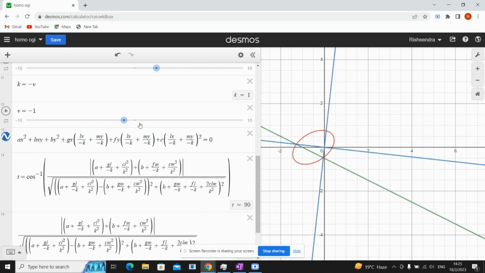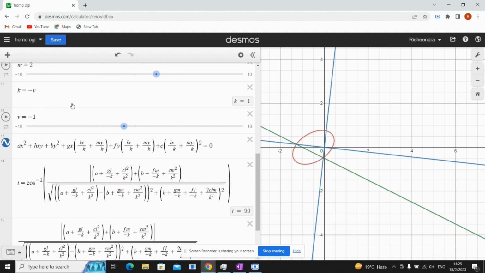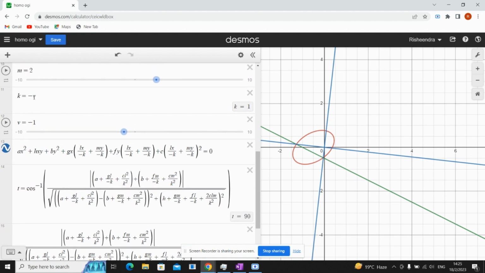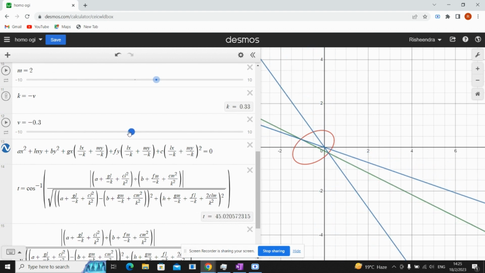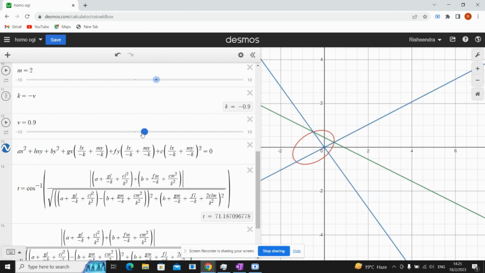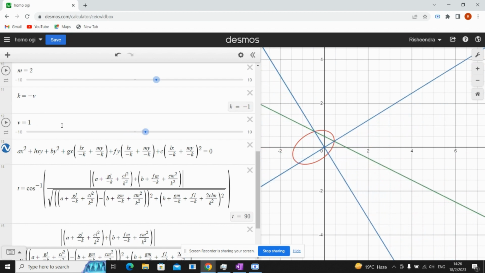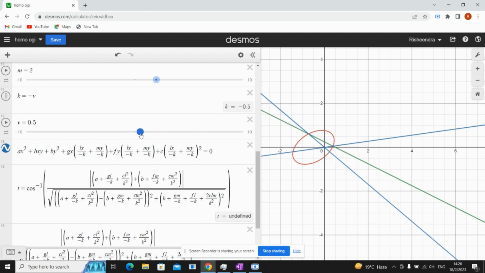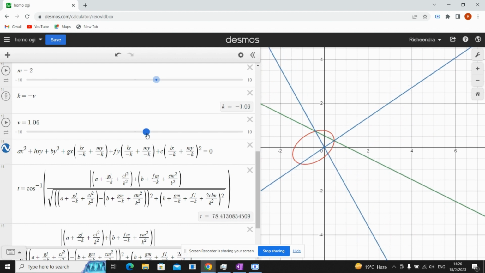At minus 1 the value is 90, which means the value of k is minus of minus 1, which is equal to 1. And let's see, do we get another 90 degrees? Okay, see, even at 1 also it becomes 90, which means at 1 and negative 1 the angle between the two pair of straight lines is 90 degrees.